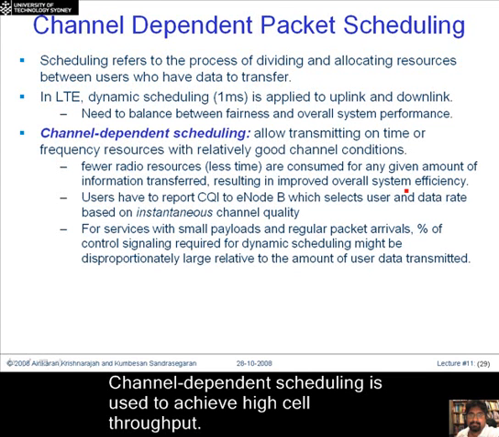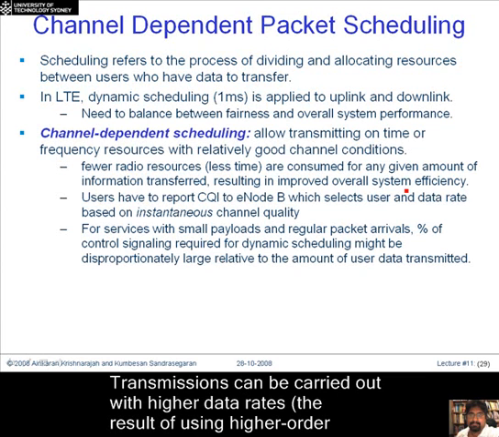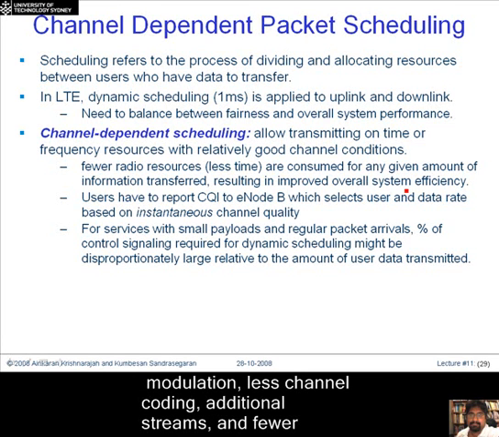So I talked to you about channel dependent scheduling. Basically, in channel dependent scheduling, those users who have good channel conditions are allocated more of the resource. So essentially what you're doing is allowing the transmission on time and frequency for those users who have good channel conditions.